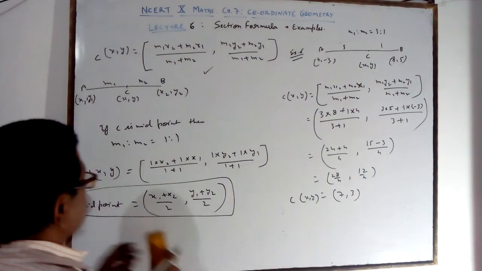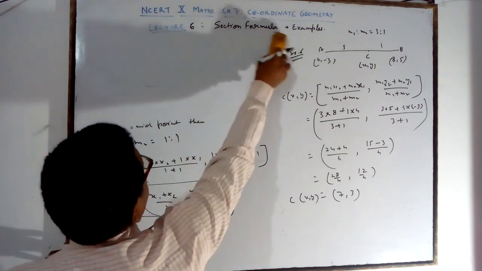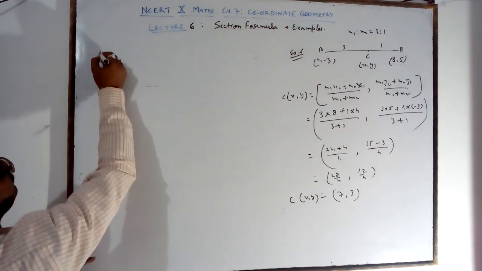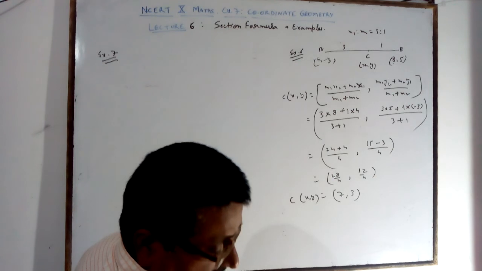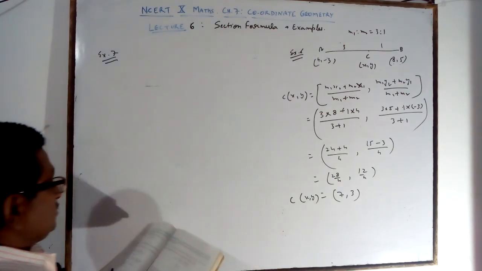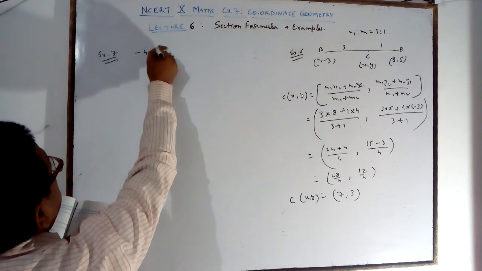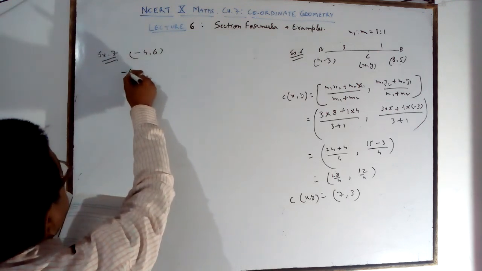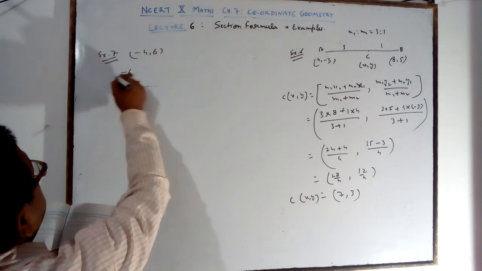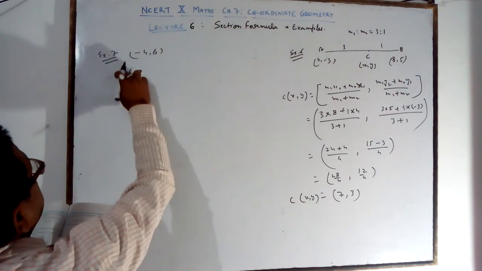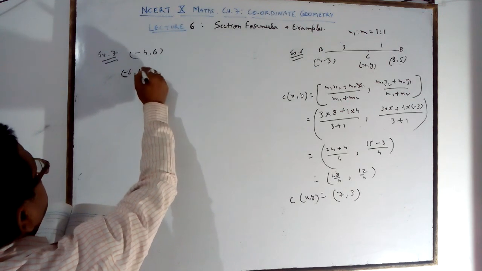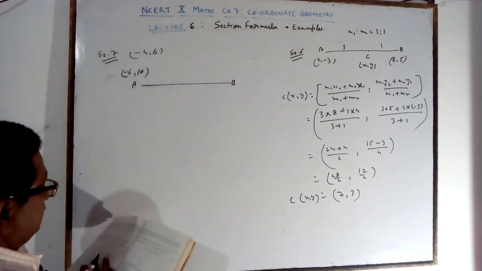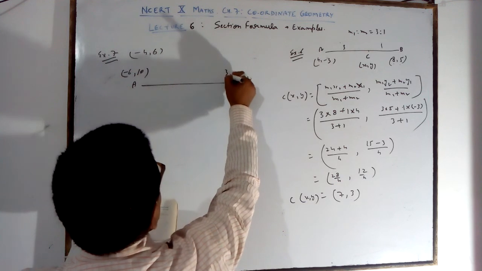Example 7 is given. In what ratio does the point minus 4, 6 divide the line segment joining A minus 6, 10 and B 3, minus 8?